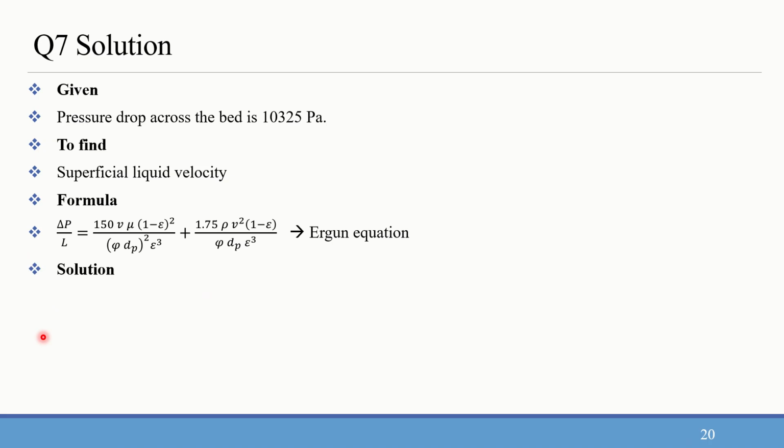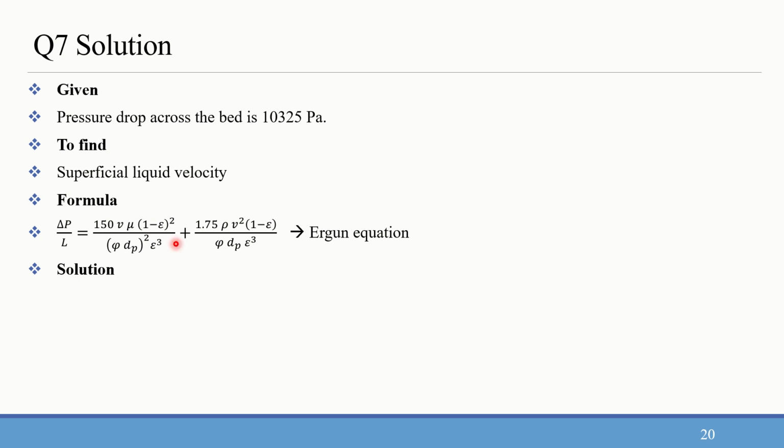Ergun equation is given by delta P by L equal to 150 V mu into 1 minus epsilon square divided by phi square dp square into epsilon cube plus 1.75 into rho V square into 1 minus epsilon by phi dp into epsilon cube. So this is mostly applicable in the laminar condition, and this is in the turbulence condition, but since we don't know, we can take both and we'll get the solution.